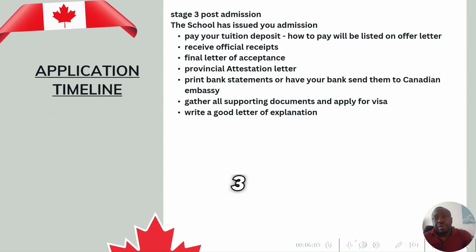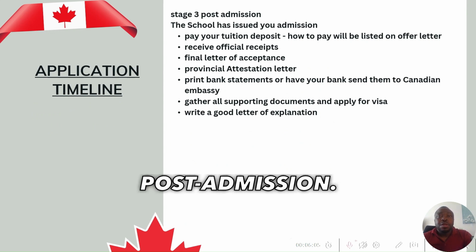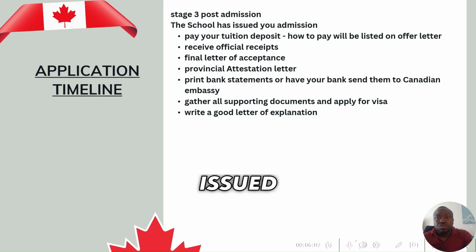Then you have stage 3, which is the post-admission. Now the school has issued you an admission letter. What you do is check your pre-offer letter and know how much they say you should deposit. Pay your tuition deposit and receive official receipts. Once you receive the official receipt, the school will automatically send you a letter of acceptance.